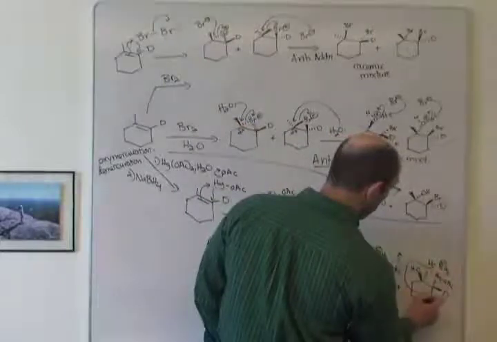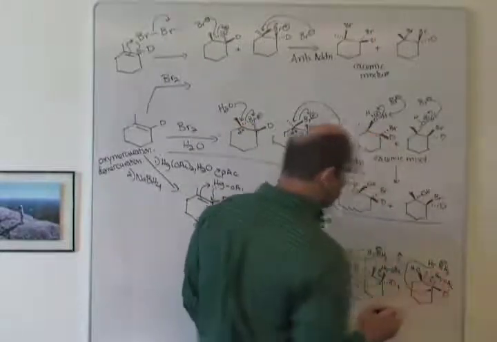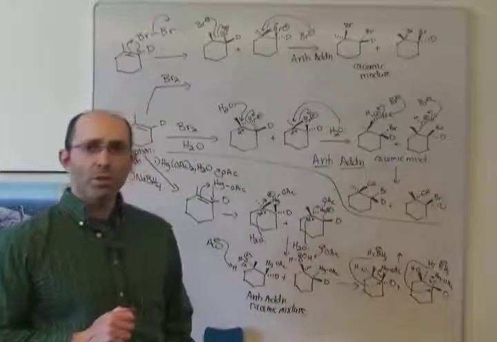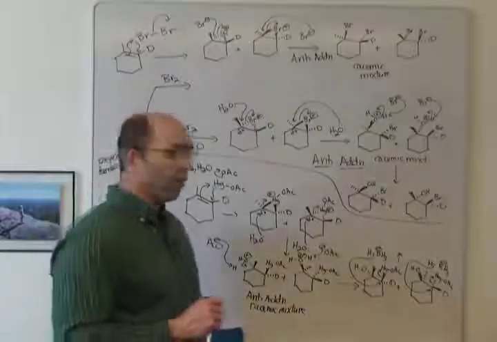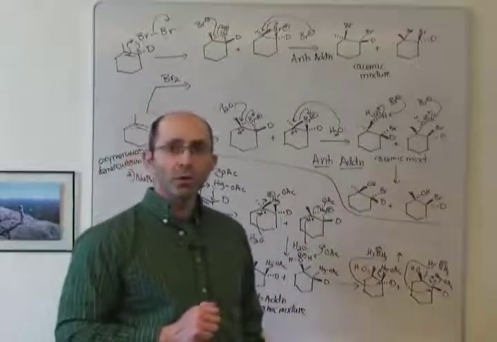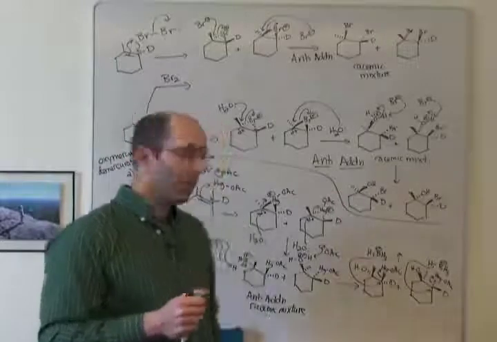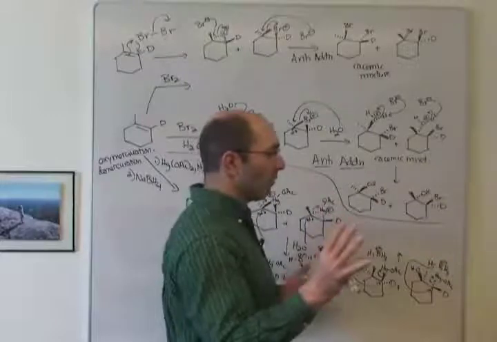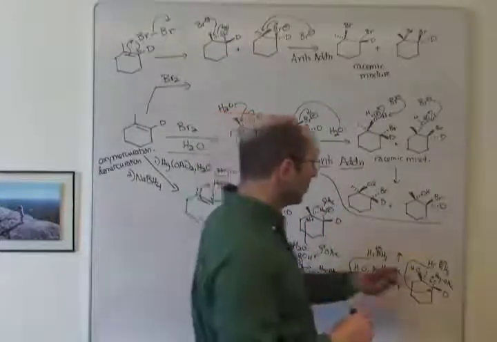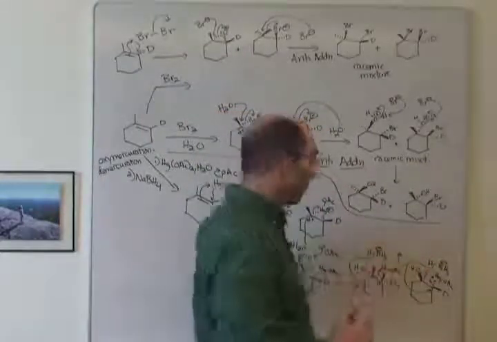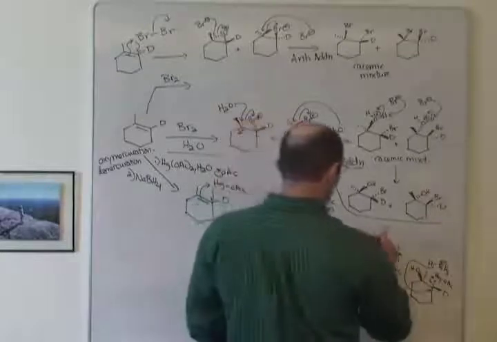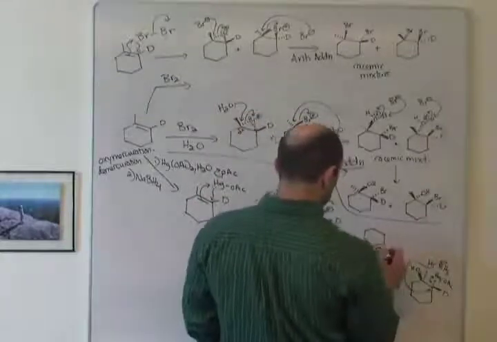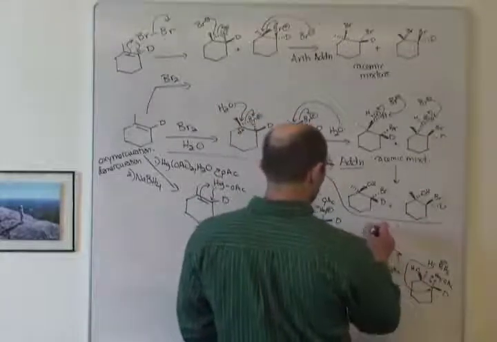Hydride is the nucleophile. And the interesting thing about these direct substitution reactions, this is called an SN2 reaction. These reactions proceed with inversion. So it inverts the stereocenter. That means when the leaving group leaves coming out, the nucleophile comes from the back. When the leaving group leaves from the back, the nucleophile comes from the front. So that means that we have a really interesting result for the products.